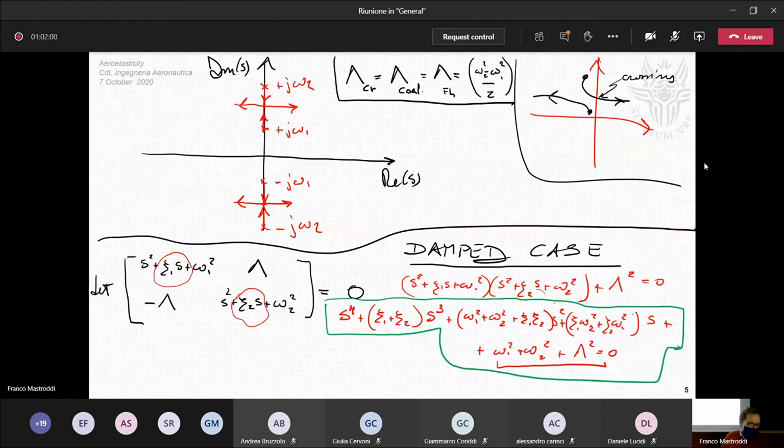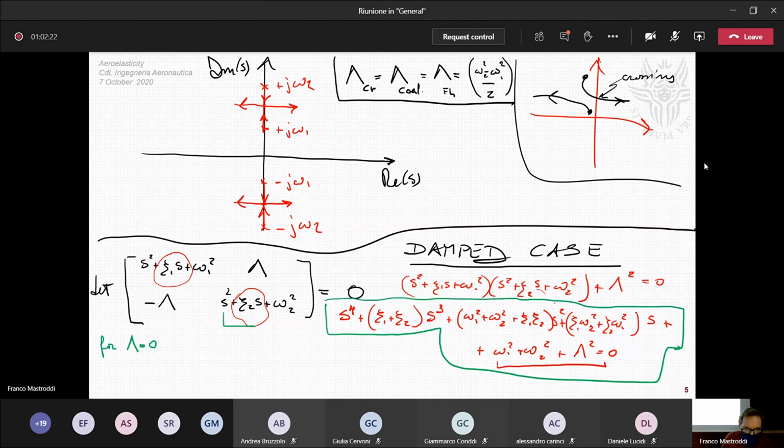This is a point, and note that for lambda equal to 0, we can separate the roots, in the sense that we can solve separately.